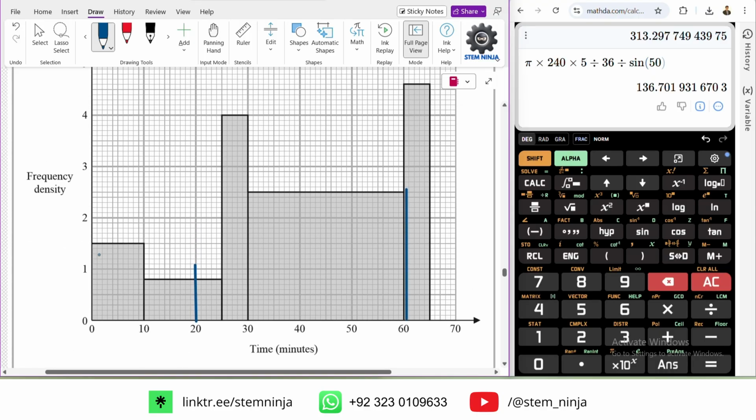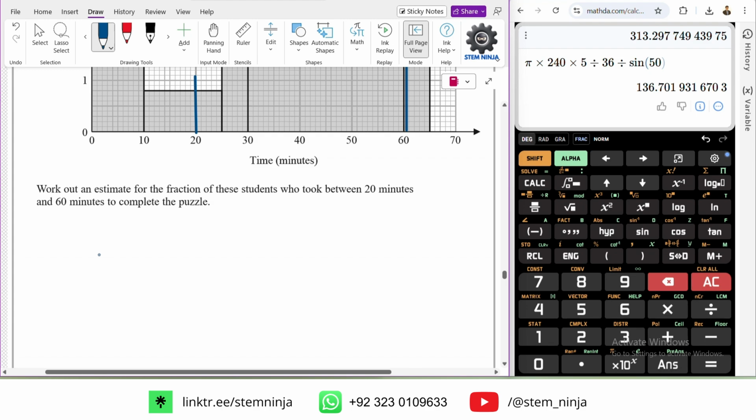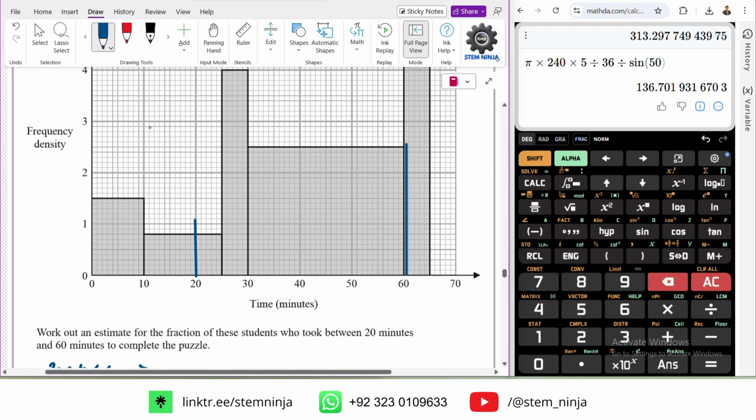So we basically need to figure out the students between 20 and 60. So you have, this is 0.8 times 5, 20, 25.